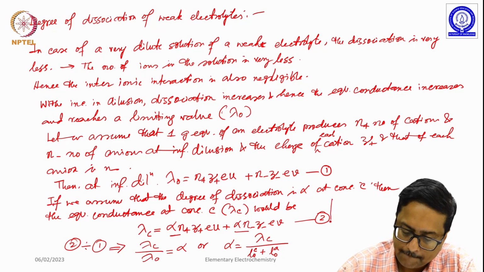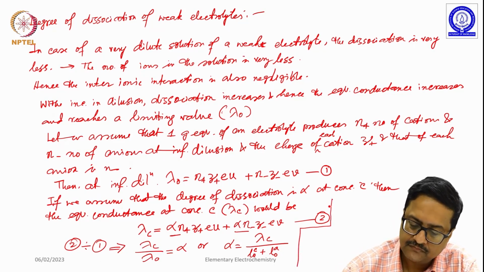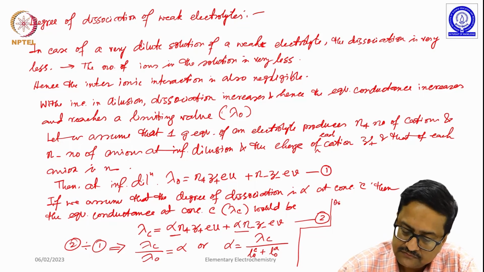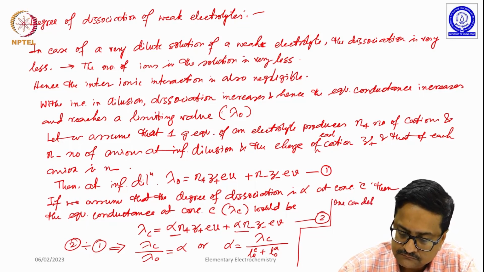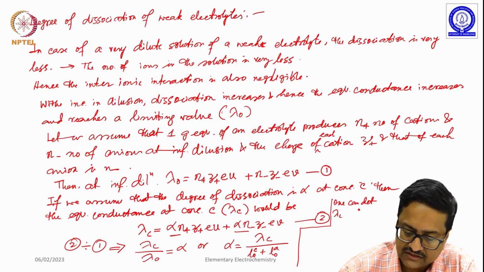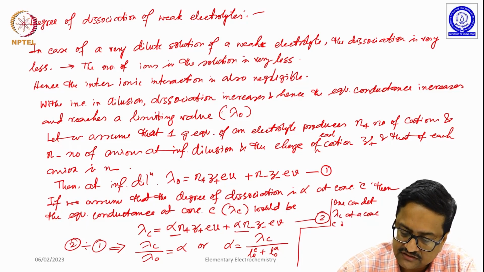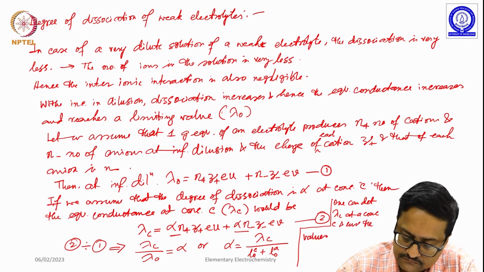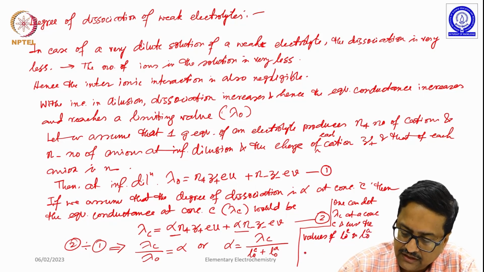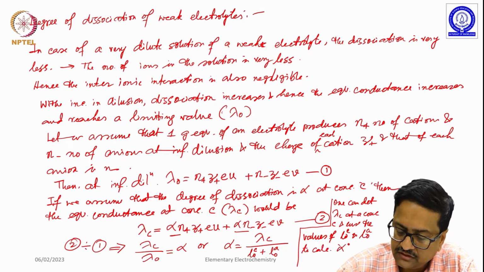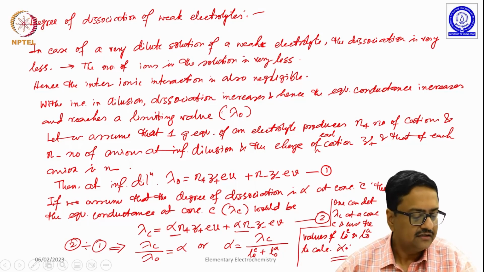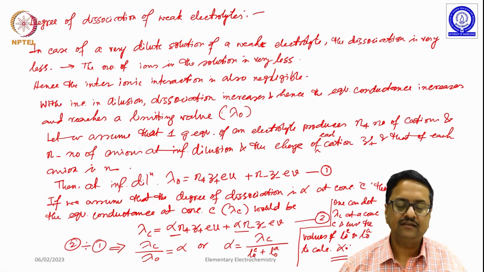So one can determine lambda C at a concentration C and use the values of L0C and L0A to calculate degree of dissociation alpha using this expression, right?